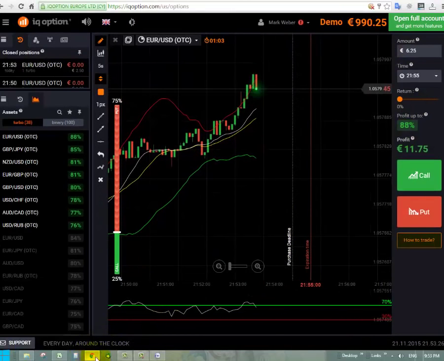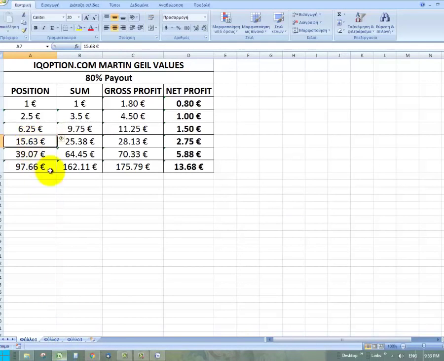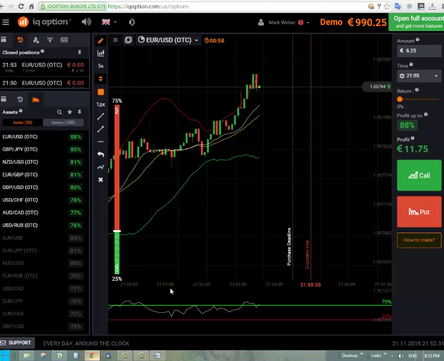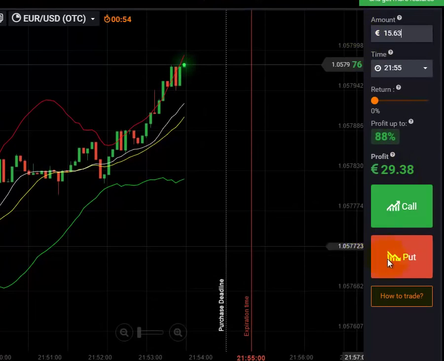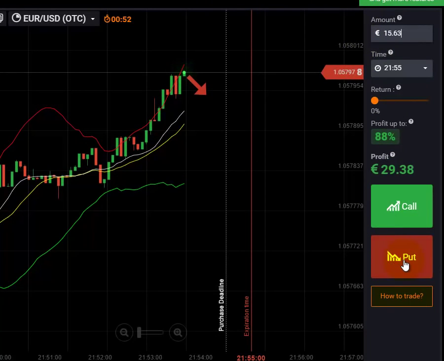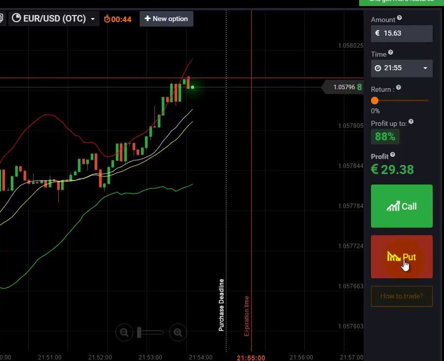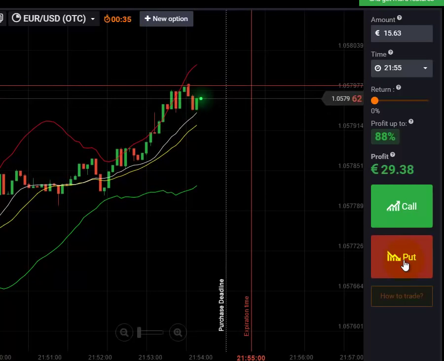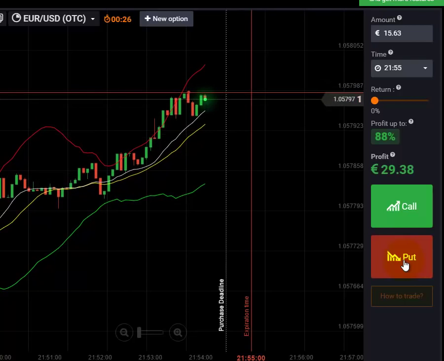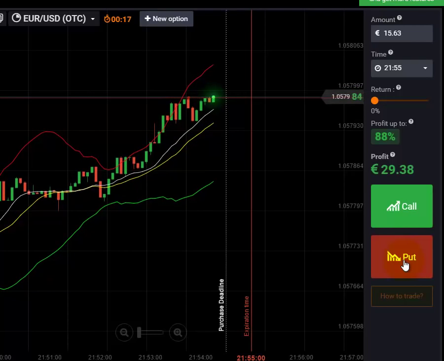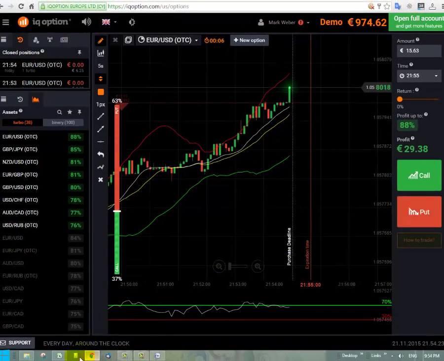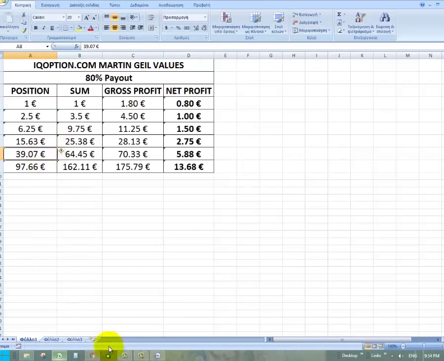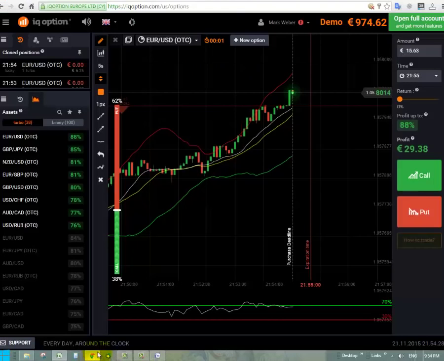We change the time to 1 minute and we open a fourth position of €15.63. We are ready for the next position, €39.07.